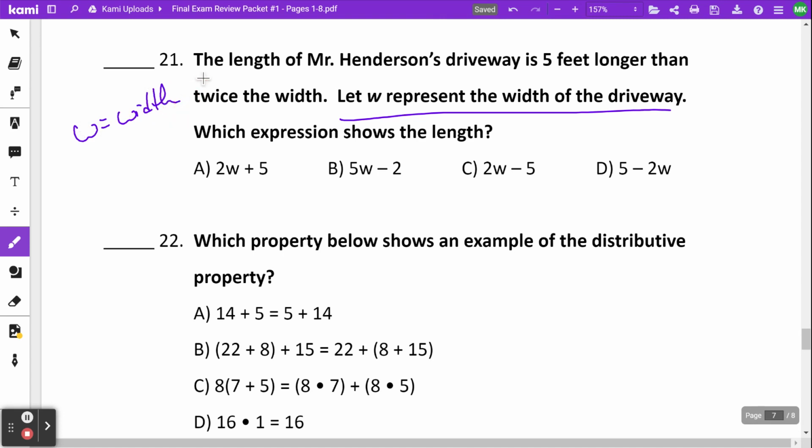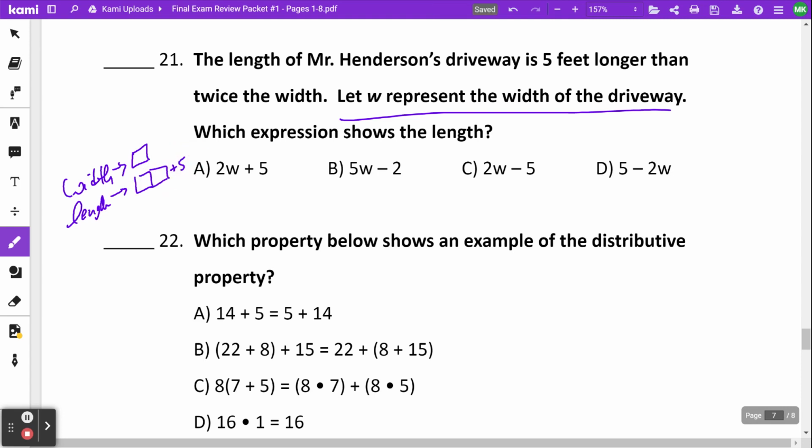Oh, actually, I can tape diagram this thing. So we have the W, the width, and the length, right? And it's 5 feet longer than twice the width. So if the width is this guy, I need twice the width plus a 5, kind of like that, right?